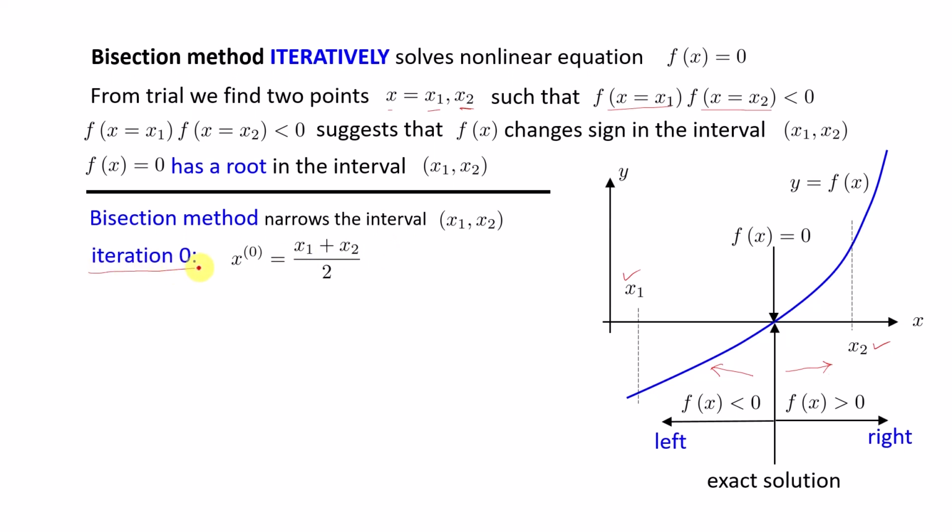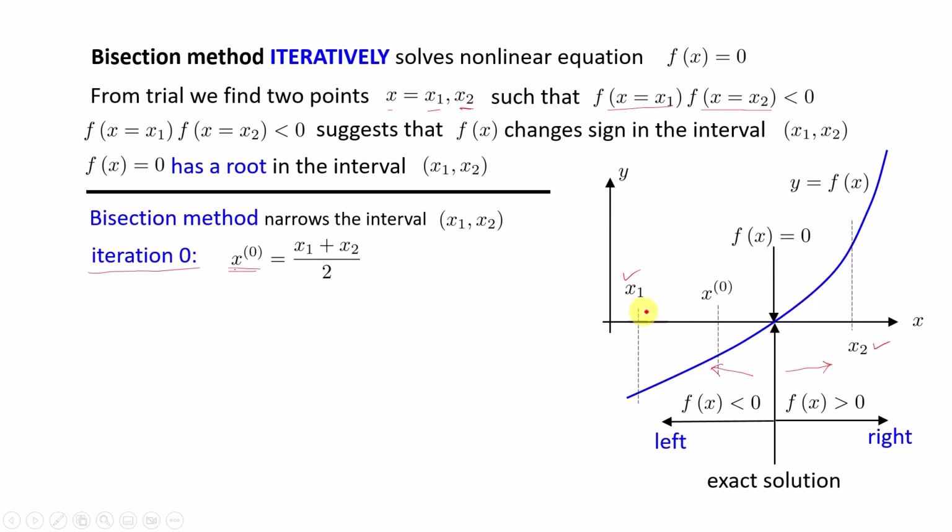First, we call it iteration 0. In iteration 0, I get the value of x, where the superscript within brackets, (0), means this is iteration 0. The value of x at iteration 0 is (x1 + x2) divided by 2.